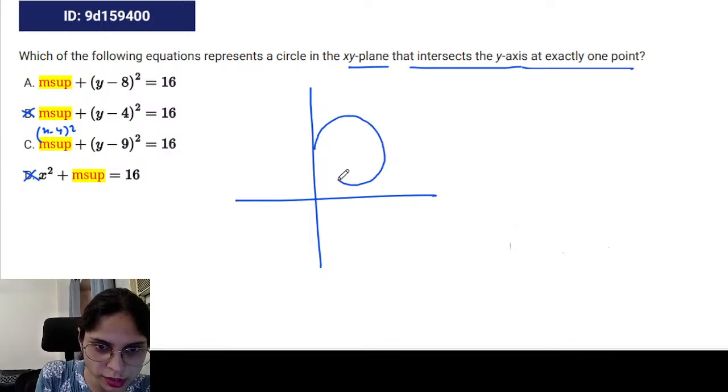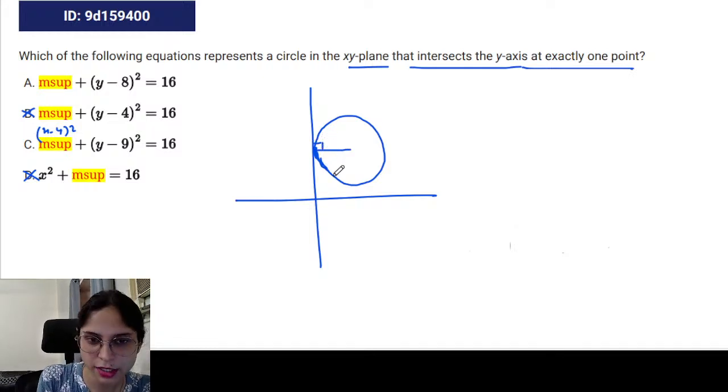That means this is going to be a tangent. It's going to be something like this. And if this is a tangent, that means the radius has to be here, because radius and tangent are perpendicular. And let's say this point is (0, k). I do not know what this point is. We know the center, we usually take (h, k).